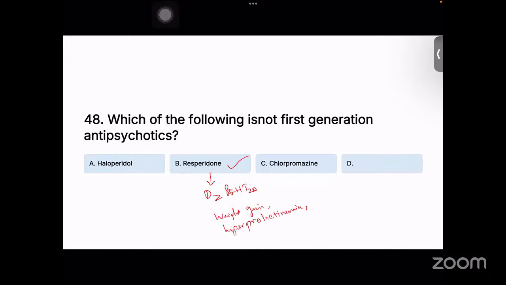And you will also see the metabolic syndrome. Okay, 5-HT2A. Okay, these are the notes. So typical straight question, risperidone. It requires your mugging up skills. I hope your mug up skills are good.